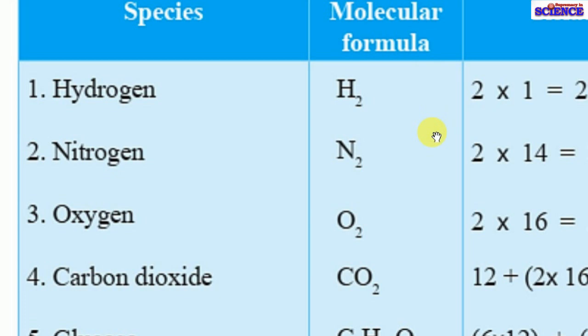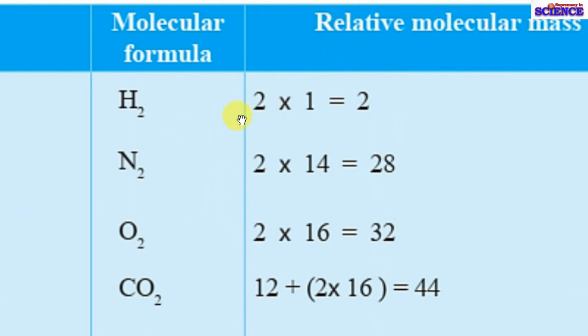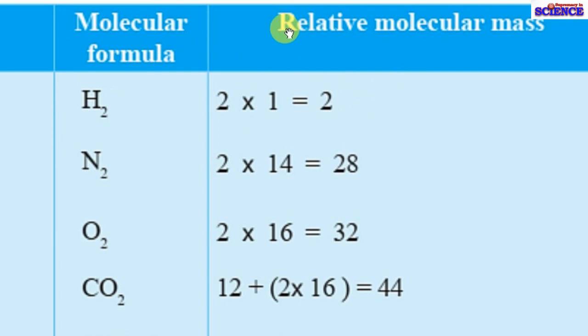We need that scale. If you know the mass of one atom of hydrogen, and there are 2, it is straightforward: you multiply the mass of one atom by 2 because there are 2 hydrogen atoms. Then that is called the relative molecular mass, because it's a molecule. So you have 2 as the answer.